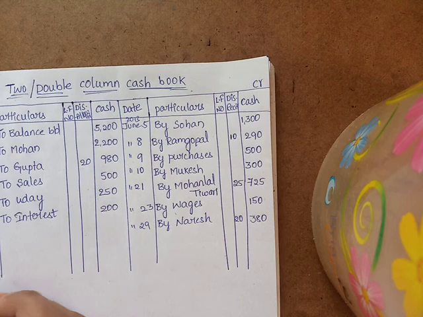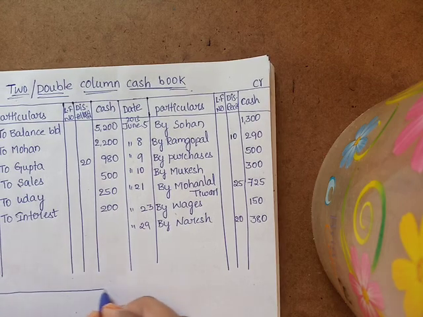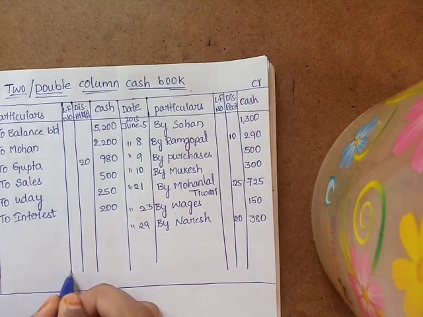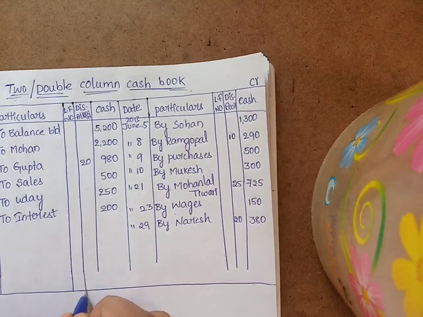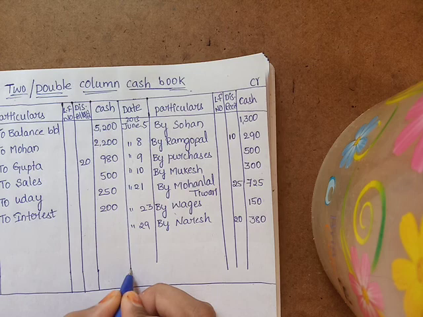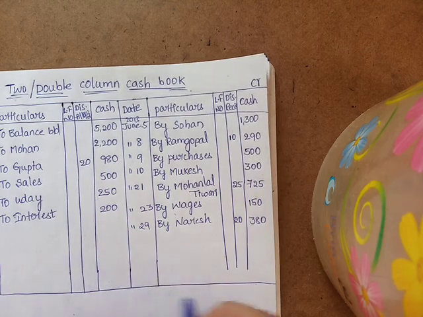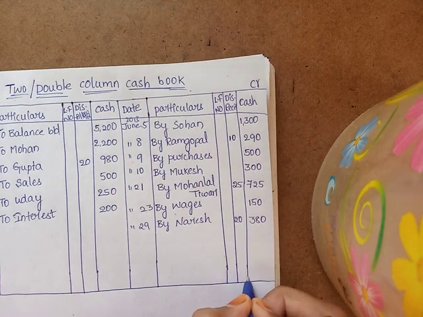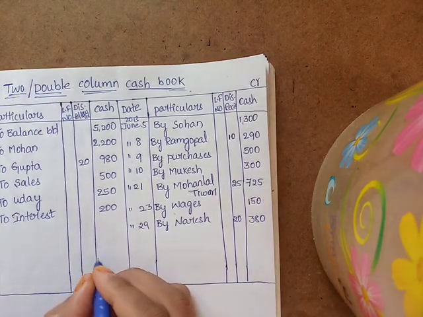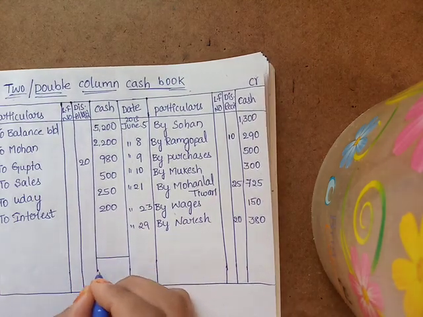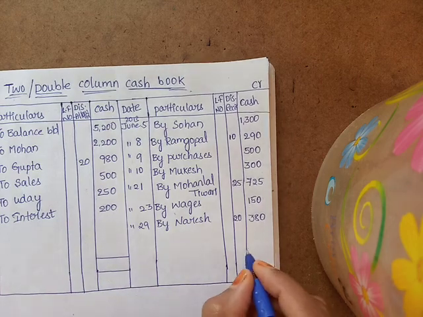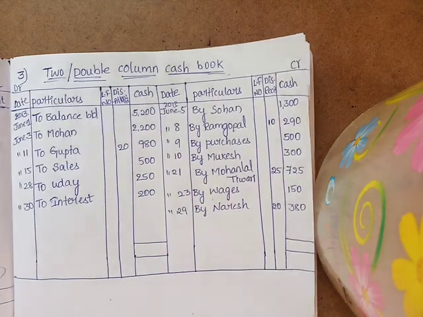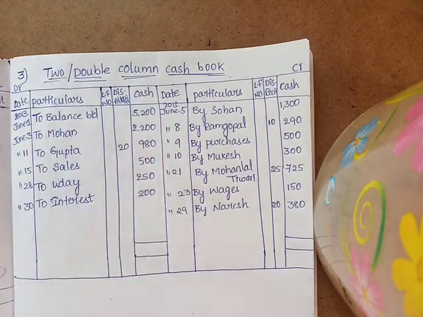Now first do the totals. First do the total of the debit side.